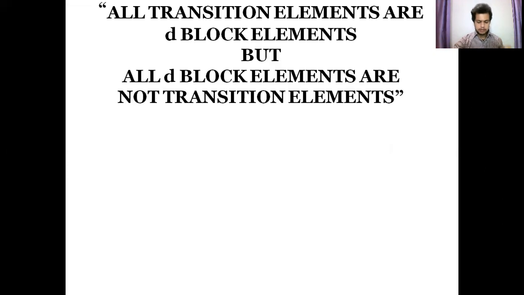So all transition elements are D block elements, no doubt in that. Whatever transition elements there are will have 1 to 9 electrons, an incomplete D subshell. But remember that all D block elements are not transition elements. There are 3 common examples of this, and that is what we will try to understand here.